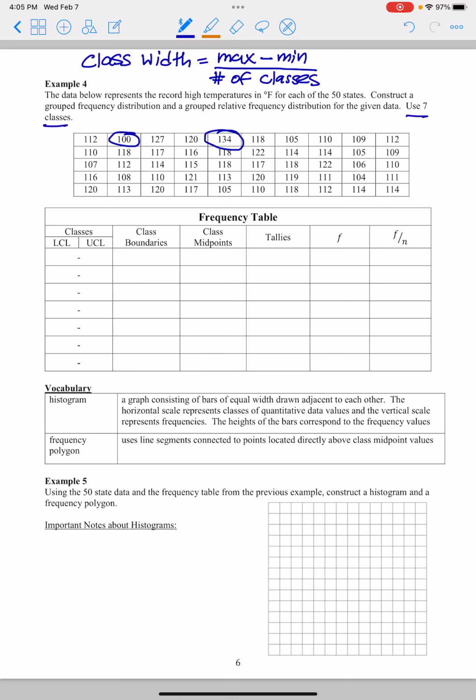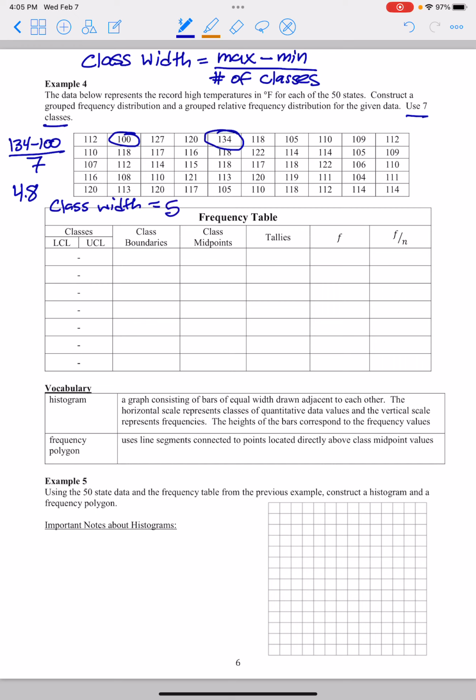So our class width here is going to be 134 minus 100 divided by 7. And when we do that, we get 34 divided by 7, which is about 4.8. And so we're going to round up. We're going to make that 5. So our class width will be 5.